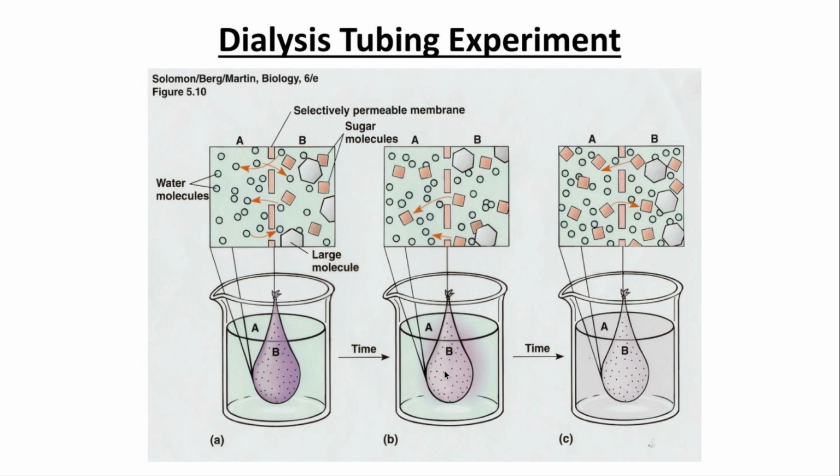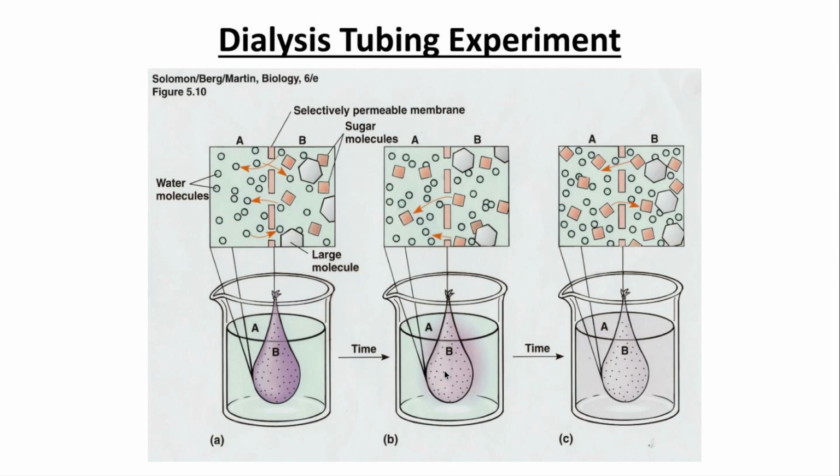This is just another way of doing this experiment, a dialysis tube. A dialysis tube is a semi-permeable membrane, which allows some things to go through and not others. Small molecules can pass through. So here we have a sugar solution in the dialysis bag, and we are suspending it in a beaker of water.